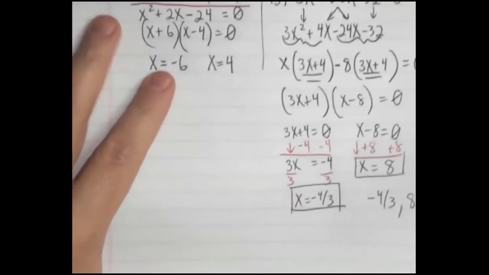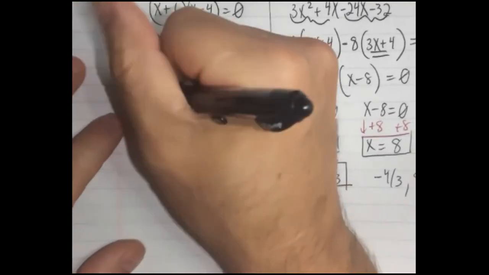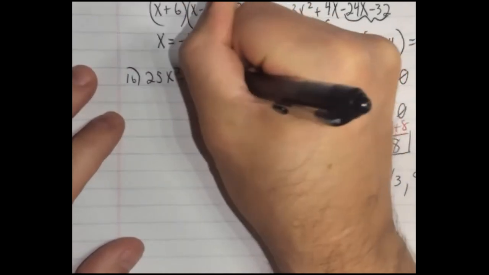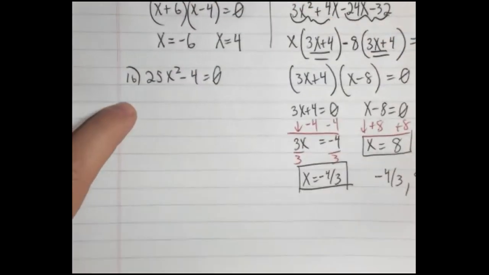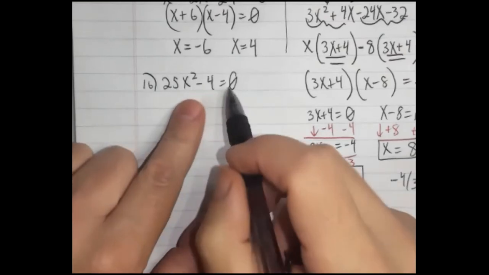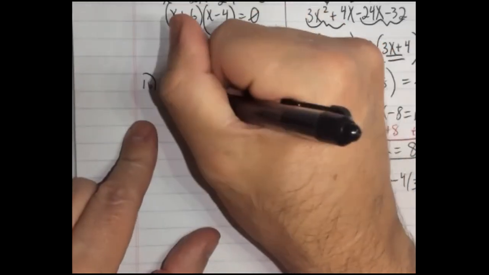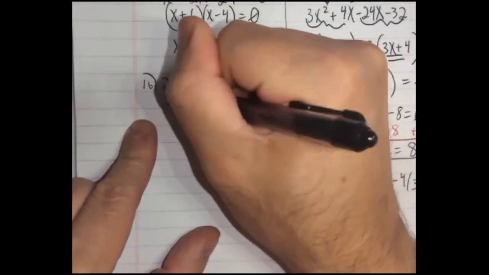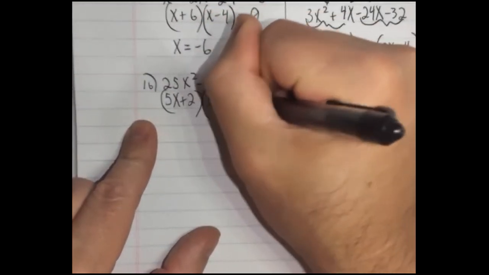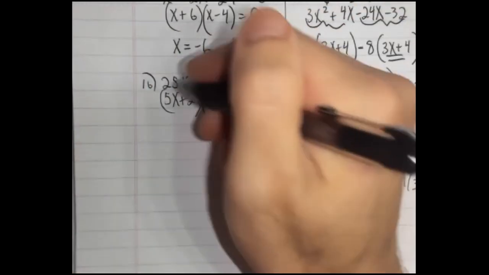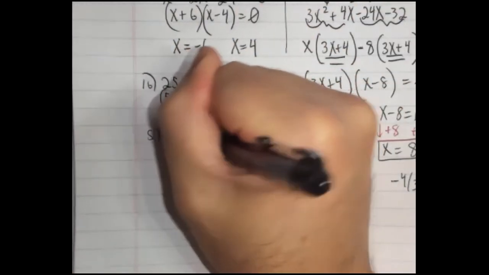And my last example is one of these, again, factoring a difference of two squares. I know I have it because I have a perfect square with a minus separating the two. So it's 5x plus 2, 5x minus 2. And just remember, you've got to set them equal to 0 and solve.